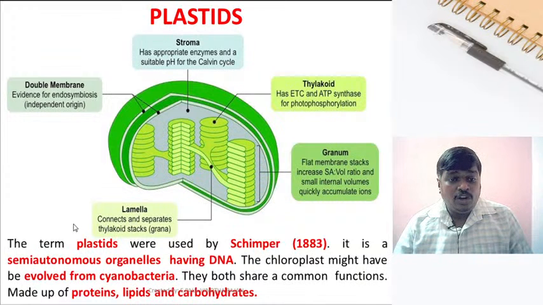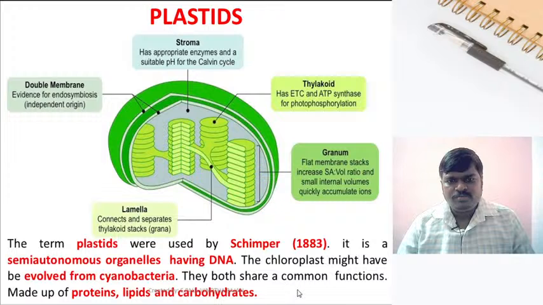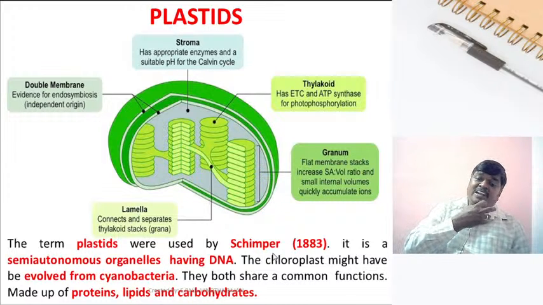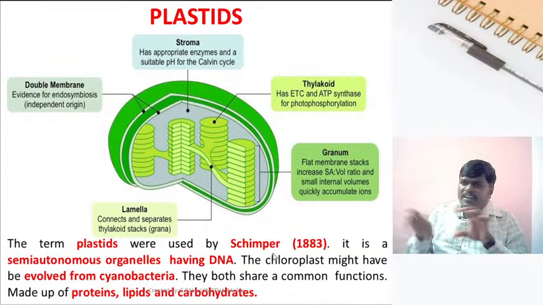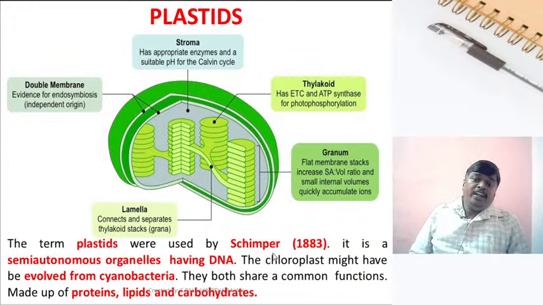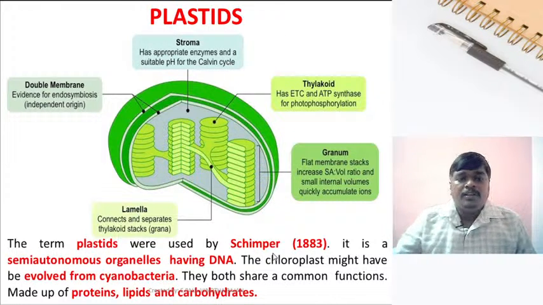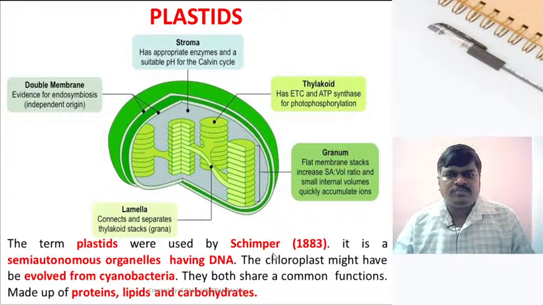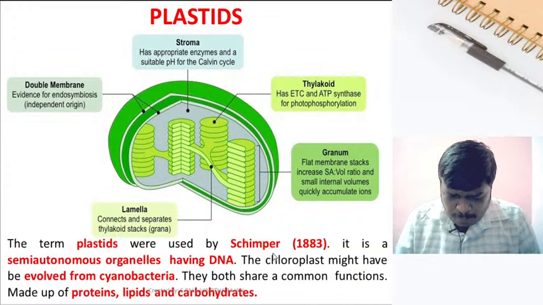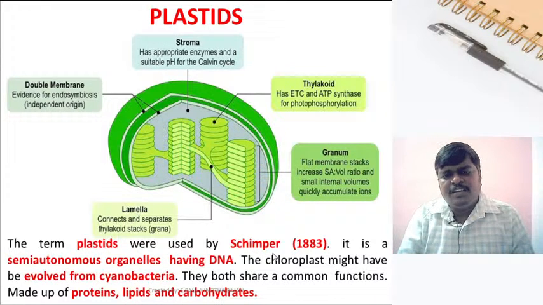Like mitochondria, this is also a semi-autonomous organelle because it has its own DNA. Also the plastids, mainly the chloroplast, resemble cyanobacteria. According to evolution, chloroplasts might have evolved from cyanobacteria, because cyanobacteria as well as chloroplasts have similar proteins, lipids and carbohydrates.